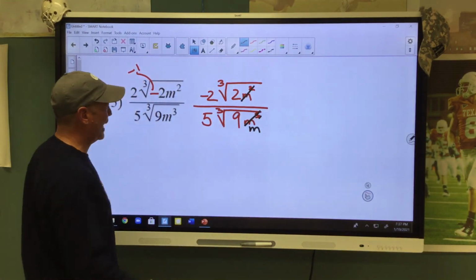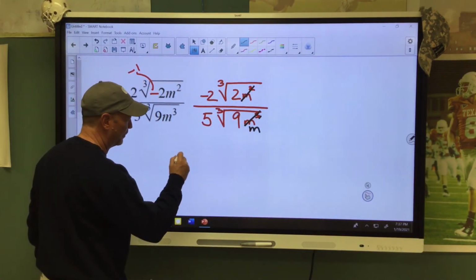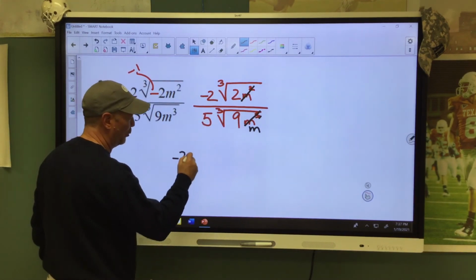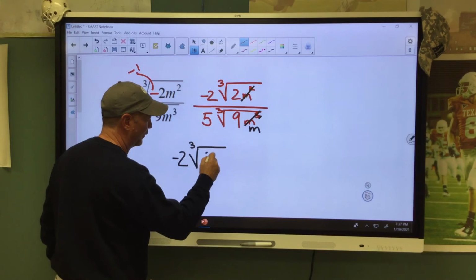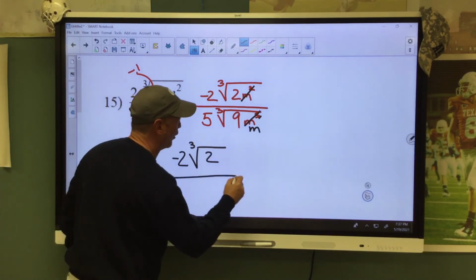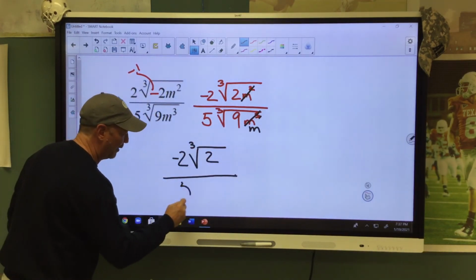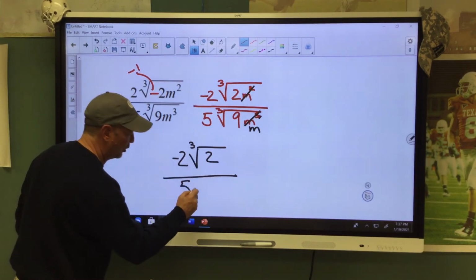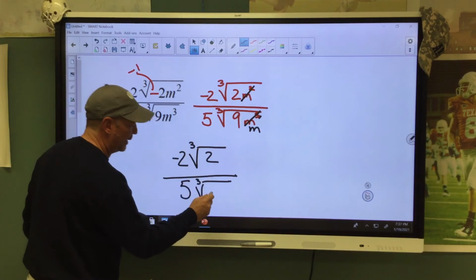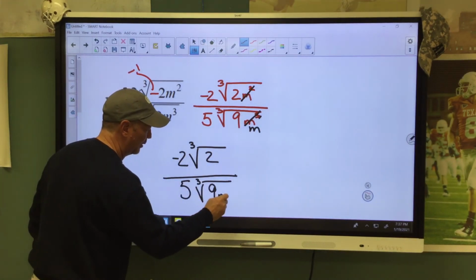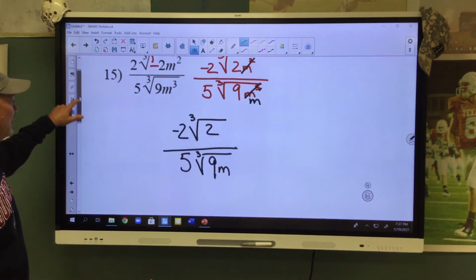So what we're looking at is -2 cube root of 2 over 5 times the cube root of 9m. Now let me raise this up so you can see what we're going to do.